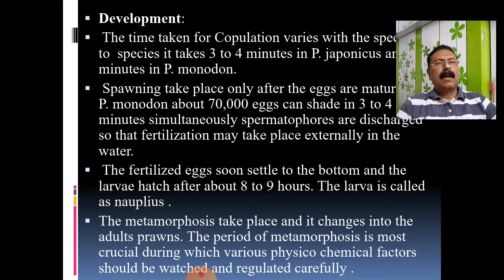So from the eggs, the nauplius larva forms, and further metamorphosis of that nauplius larva takes place, and finally the adult forms. Dear friends, this period of metamorphosis is most crucial, and during that time you must pay attention to the water quality as well as the chemical factors of the water, and monitor the water quality very carefully, because the nauplius stage is very sensitive to the physicochemical properties of the water.